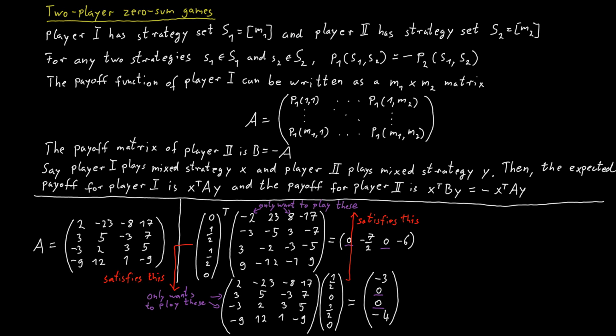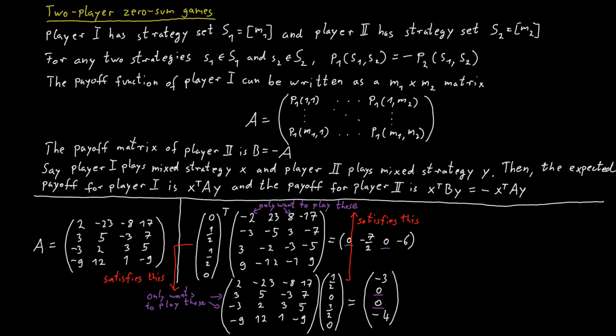So these two mixed strategies, 0, 1/2, 1/2, 0 for the first player and 1/2, 0, 1/2, 0 for the second player, are best responses to one another. And therefore, if we take both of those mixed strategies together, they form a mixed strategy profile that is a mixed Nash equilibrium.